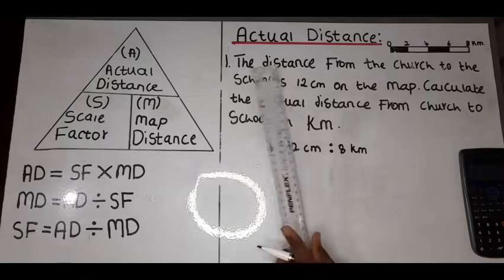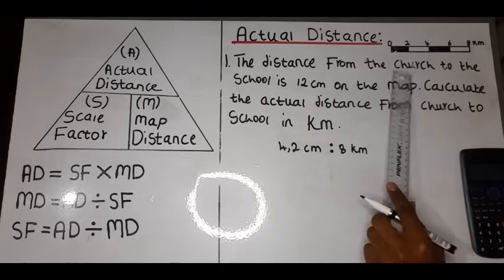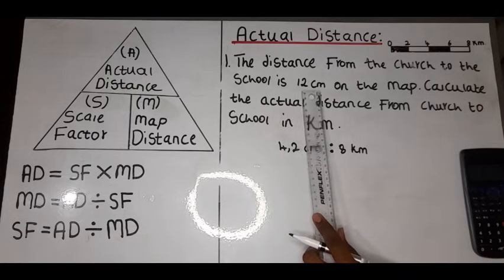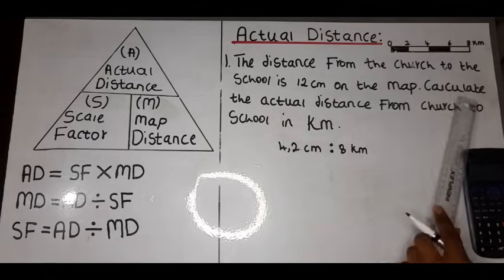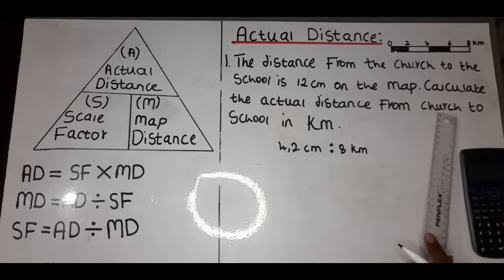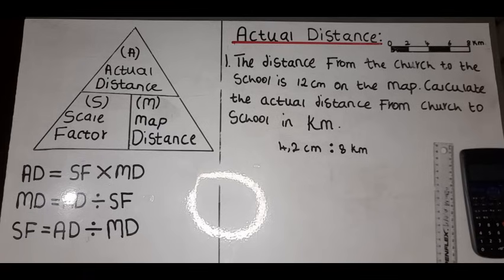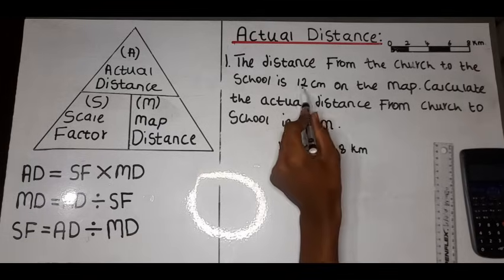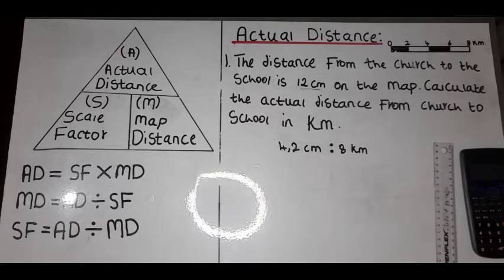Let me read the question again. The distance from the church to the school is 12 centimeters on the map. Calculate the actual distance from church to school in kilometers. So we've been given our map distance as 12 centimeters.